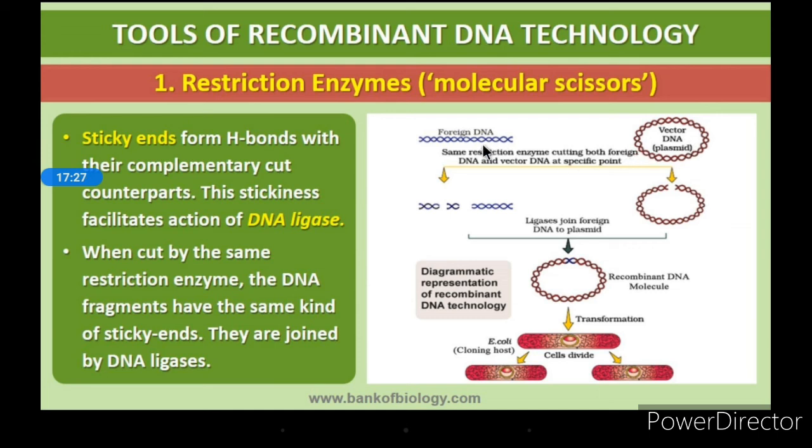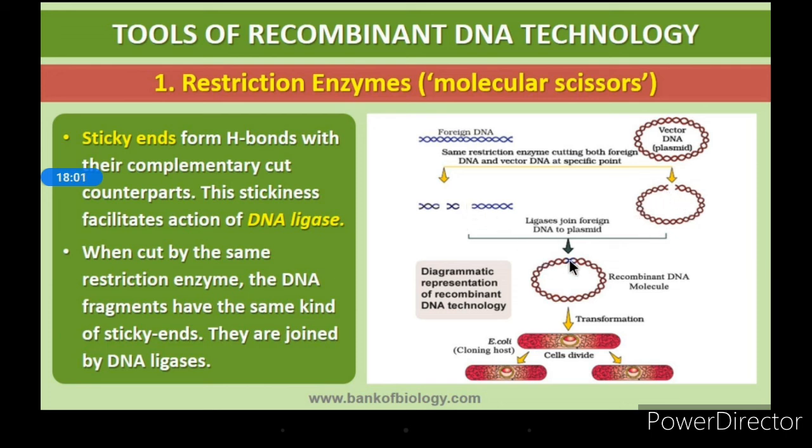Keep in mind, the same restriction enzyme cuts both the foreign DNA and the vector DNA at a specific point. Here you can see it has been cut and removed, and here also it has been cut. We know DNA ligases act as a glue to join the foreign DNA to the vector DNA. Here it is represented by the red color.